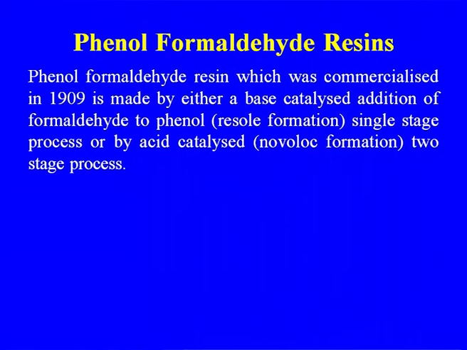I told you the phenol formaldehyde resin was sold under the name of backlight, commercialized in 1909, and is made either by base catalyzed addition of formaldehyde to phenol, that is Resol formation, a single stage process, or by acid catalyzed Novolac formation, a two stage process. So, these are the two types of phenol formaldehyde resin.